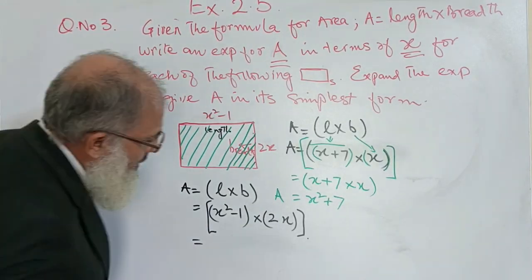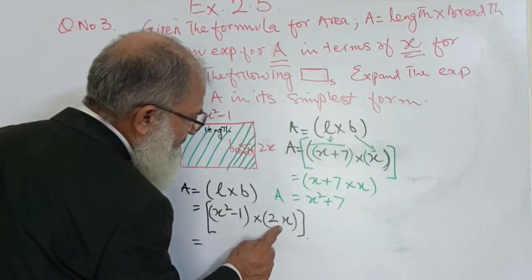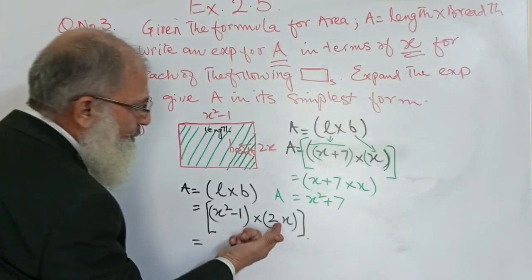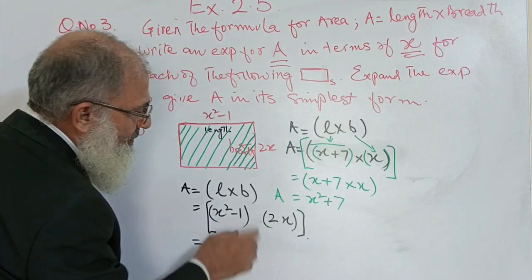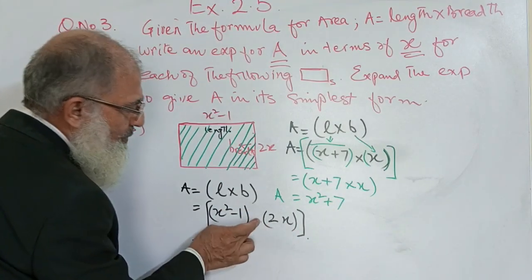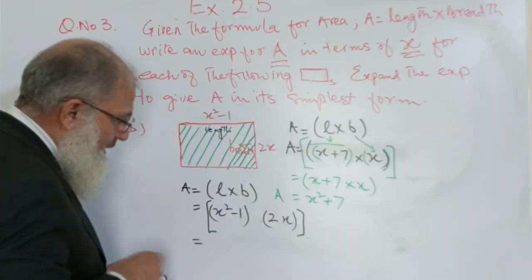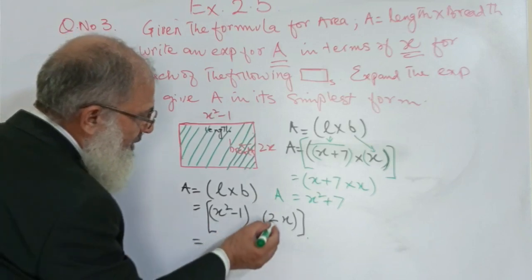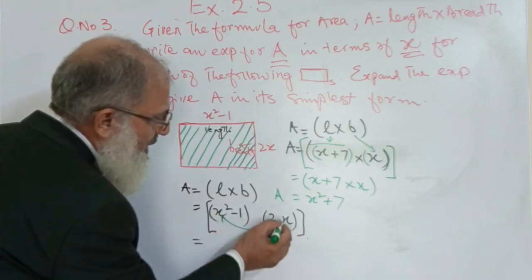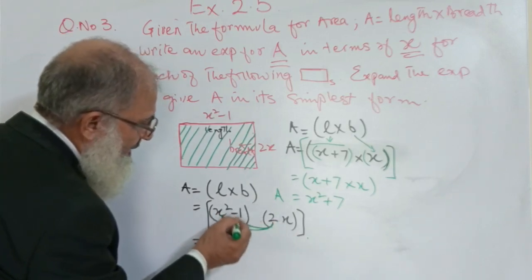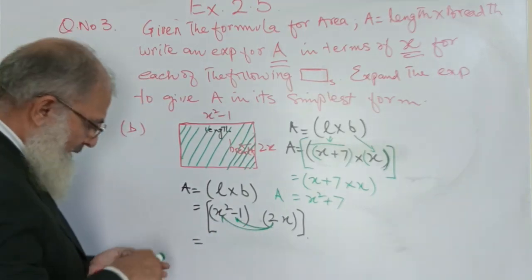When you multiply this, remember, as I told you, that when such a situation occurs, we abolish this sign. Now we have abolished this sign. Now this will multiply with this and with this, and the sign as well.